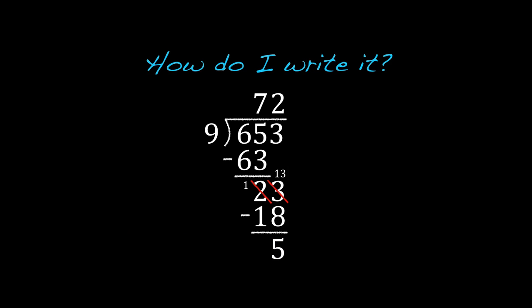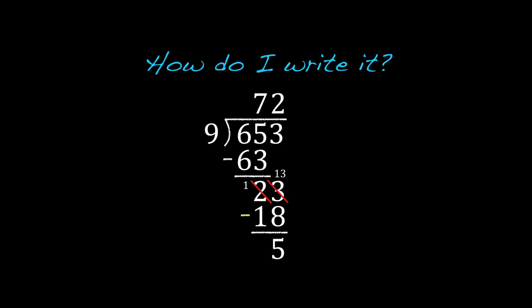So the question is how do I write it, or what do I do with that remainder? Well, in this discussion here, we're going to look at 2 ways to do that. One is as a whole number remainder, and it's very simple. We're just going to go ahead and put an R, which stands for remainder, and then we're going to bring that 5 up, and our answer is 72 remainder 5.